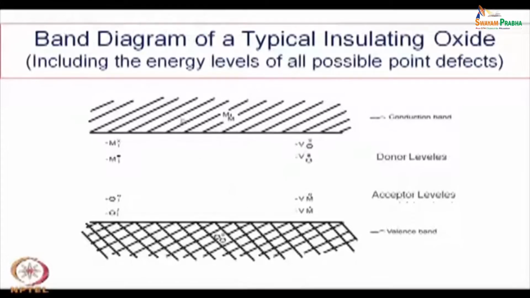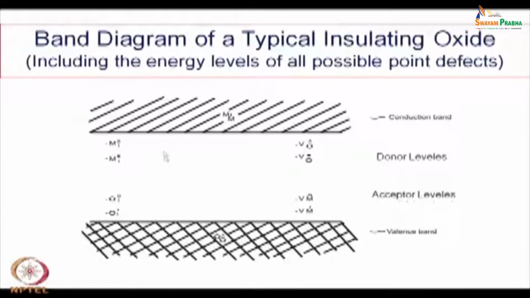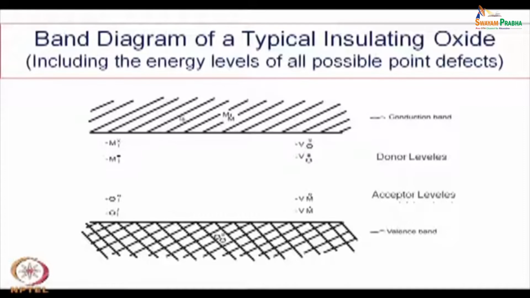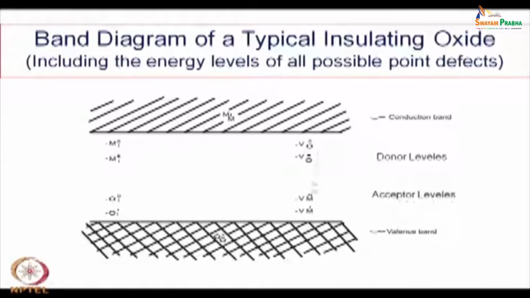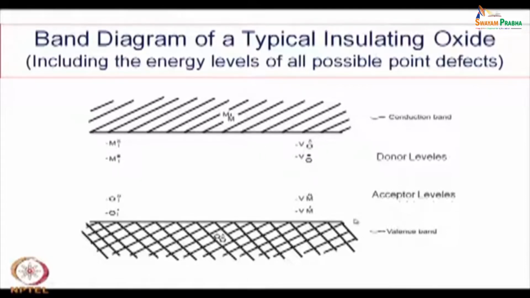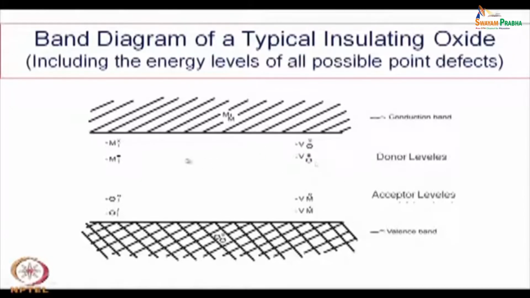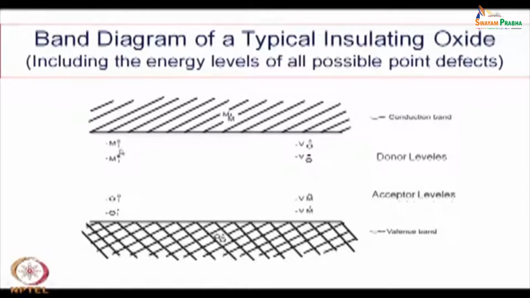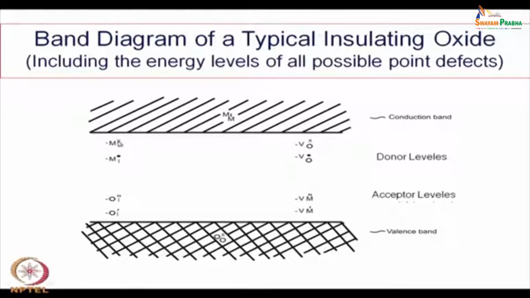So, these are the two bands, the valency band and the conduction band, and once again this is an MX kind of oxide. So, you have metal interstitials, a neutral X here denotes the neutral, that means it is not a charged defect, it is a neutral defect. Similarly, oxygen vacancy is a neutral defect.